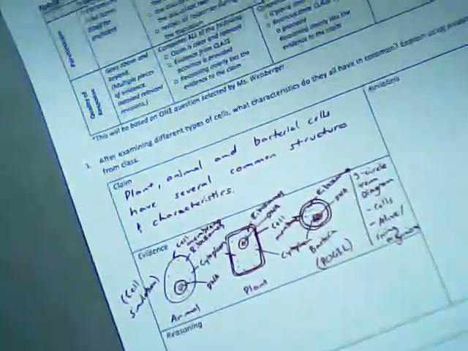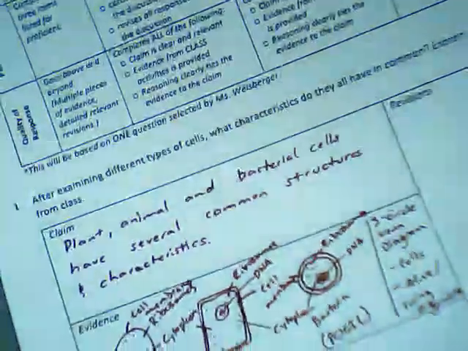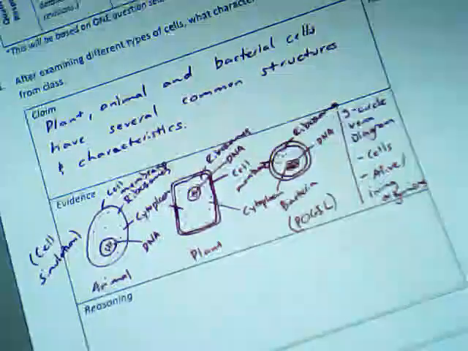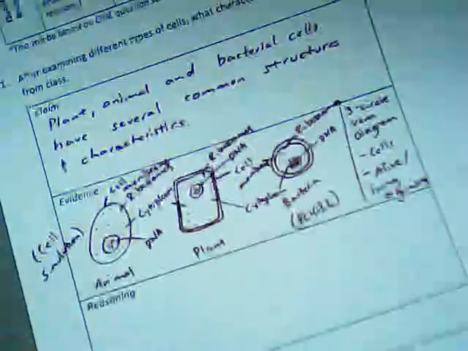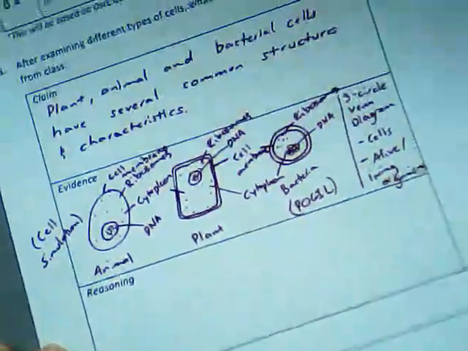So for the reasoning then, I might zoom down because this camera is not super awesome quality. Okay, so for the reasoning, when we look at that portion, okay, oh, this doesn't want to stay put.